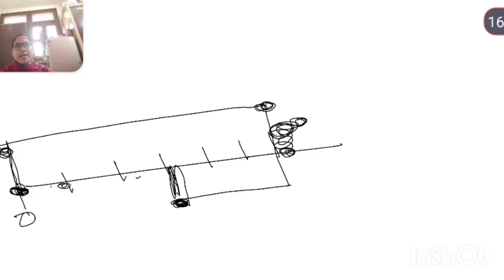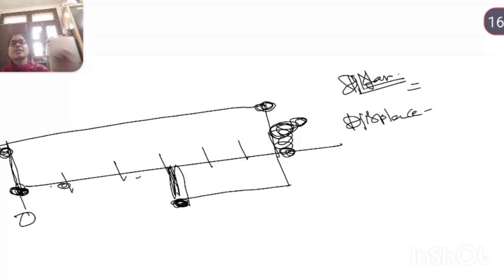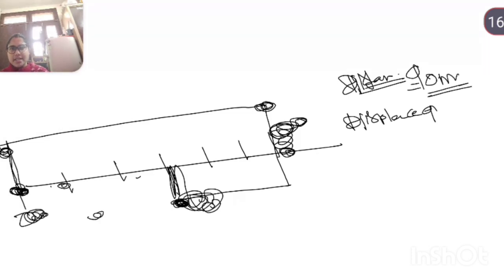This is my final position. What is the distance and what is the displacement? The distance is 0 to 60, and again 60 to 30, so 90 meters is my distance.